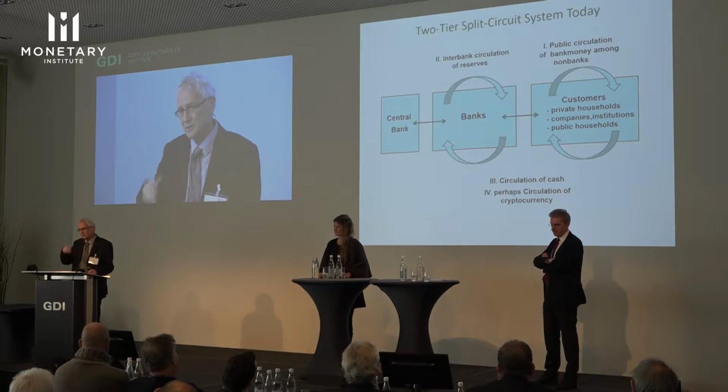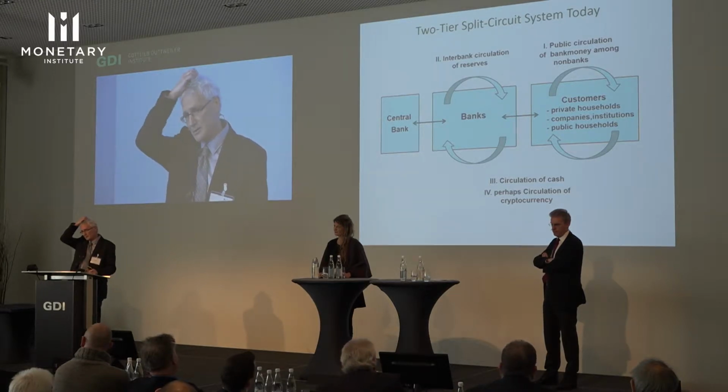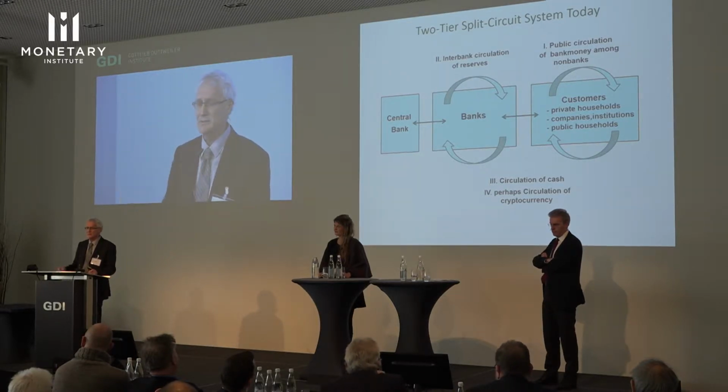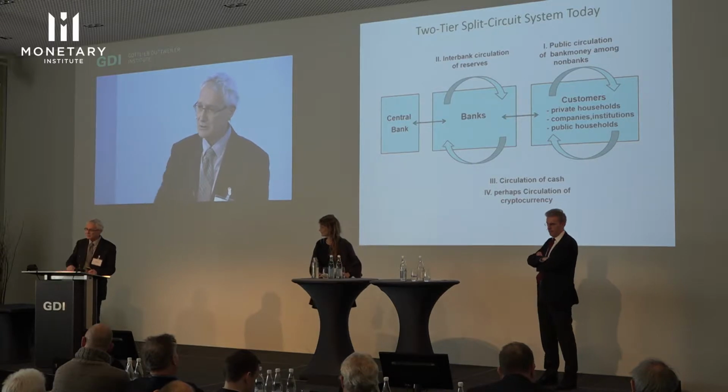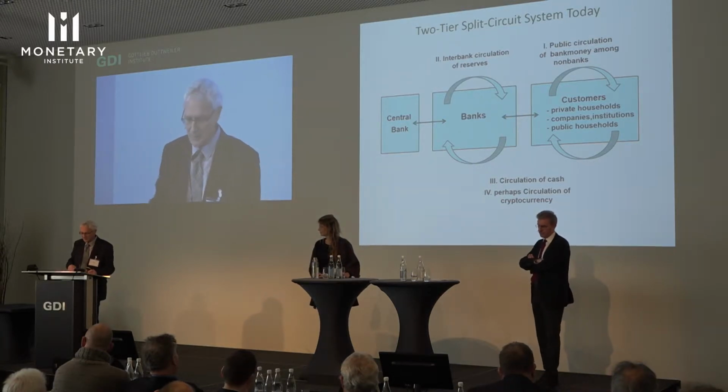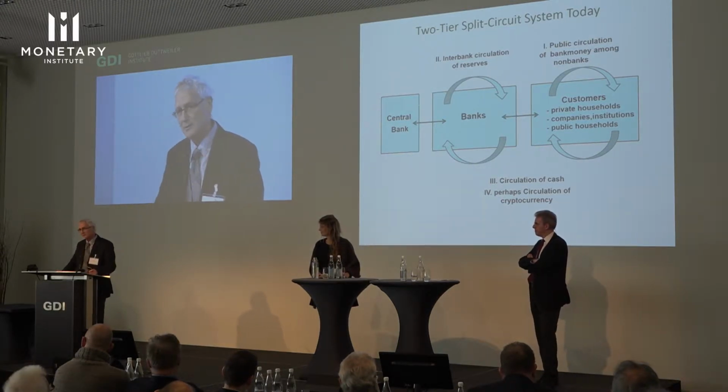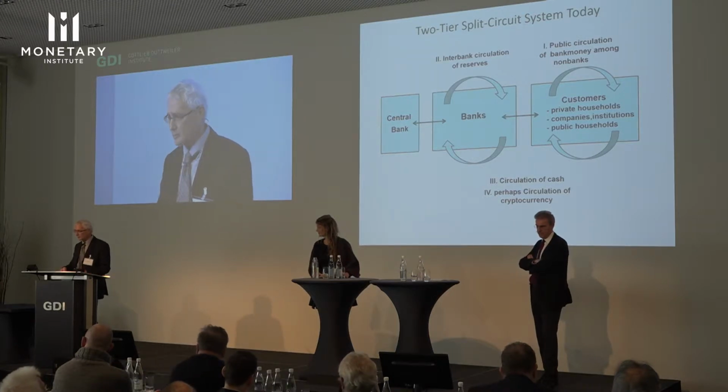The two-tier structure is a split circuit structure with public circulation on the basis of bank money and the interbank circulation on the basis of reserves. And payments in the public circuit can only be done by intermediation. They are intermediated by the reserve circulation, and that would no longer exist.